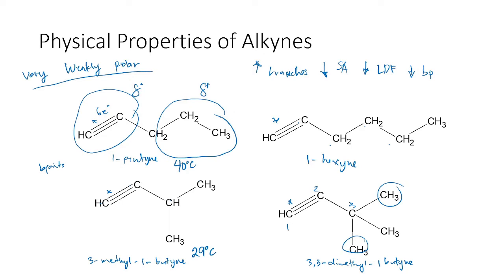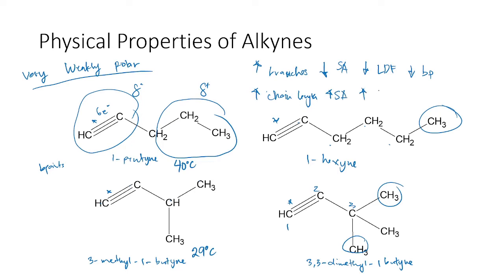So, as you can see here naman, from 1-pentyne to 1-hexyne, nadagdagan tayo ng isa pang carbon atom. So, due to that, we can expect nagkaroon tayo ng increase sa surface area. So, kapag mas mataas yung longer chain length, again, we will have here higher surface area.